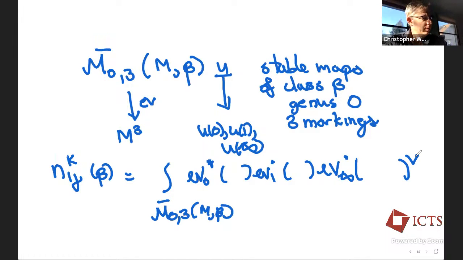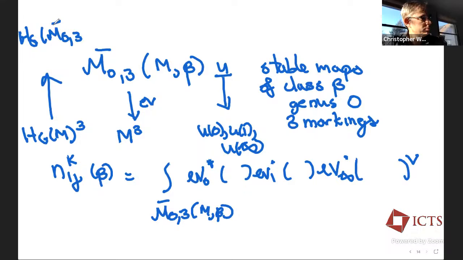And this works perfectly well in equivariant cohomology as well. Each of these evaluation maps induces a map in equivariant cohomology of the moduli space, and then this integral will just be the standard integral. Now it's a little bit dishonest because there are a lot of technicalities involved in the definition, but that's the idea.